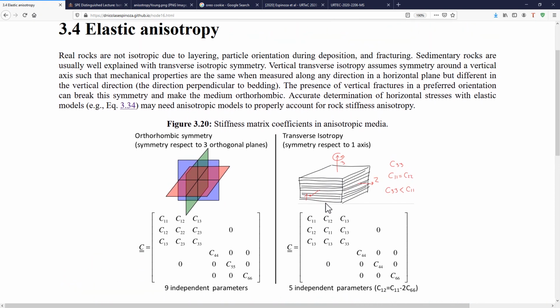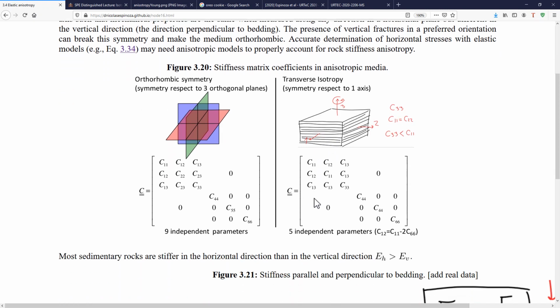In order to incorporate this anisotropy, what we do is measure those stiffnesses in different directions and summarize that into the stiffness matrix. Now this stiffness matrix is not dependent on just two parameters as we saw before, but for example for the orthotropic case depends on 9 independent parameters, and for the vertical transverse isotropic case depends on 5 independent parameters.